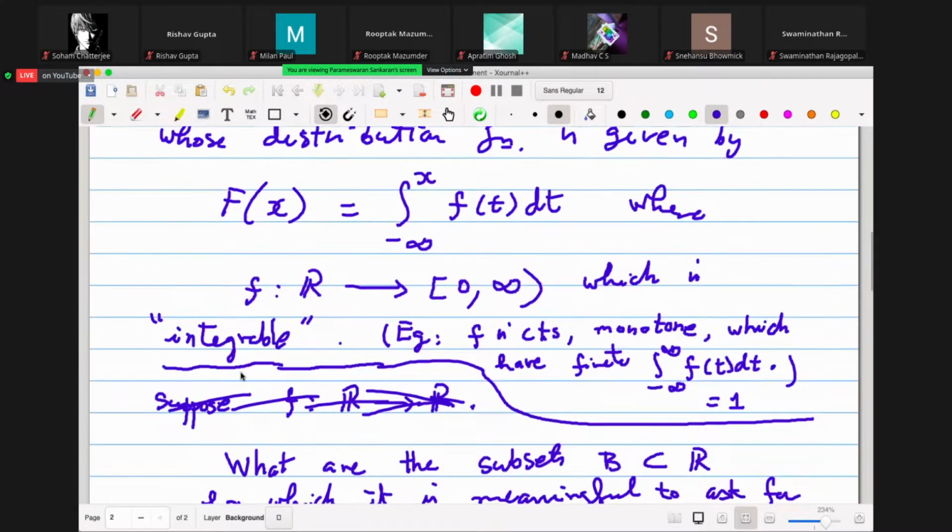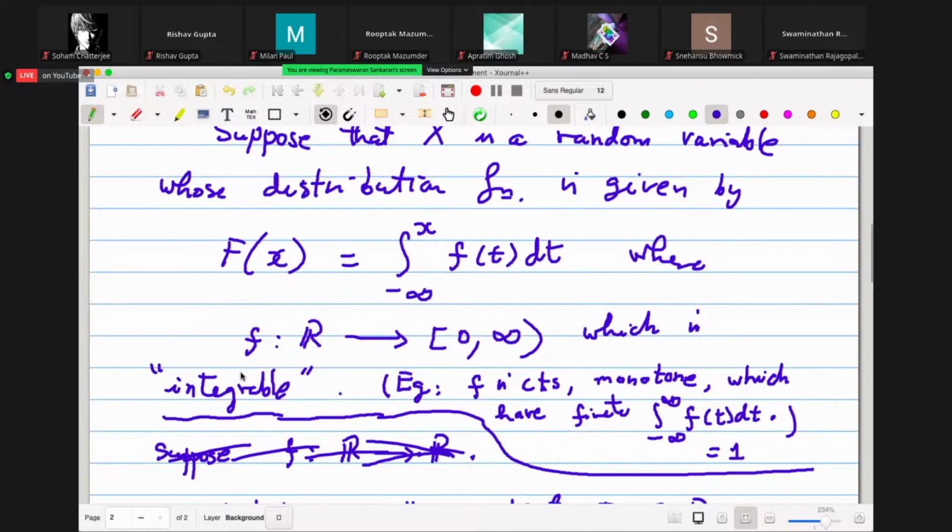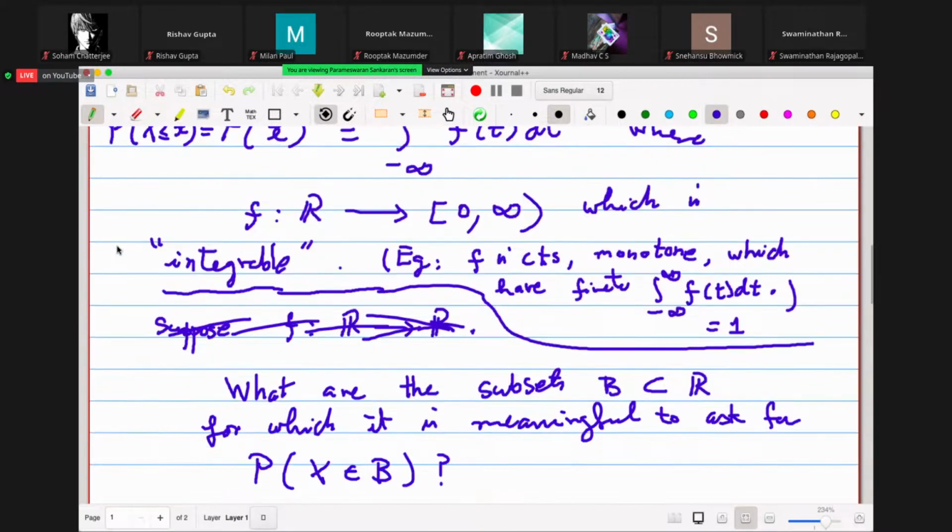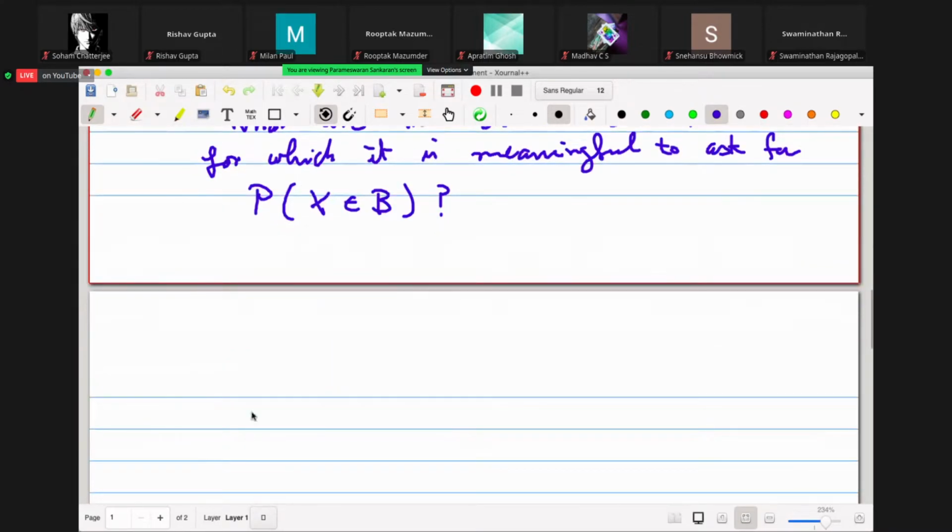Recall that this is the same thing as probability of X less than or equal to x. That's by definition of the distribution function of X. So definitely you can talk about probability of a less than X less than or equal to b.